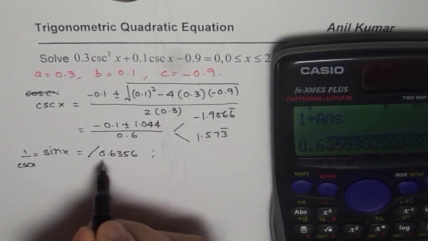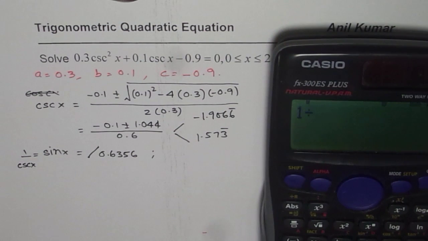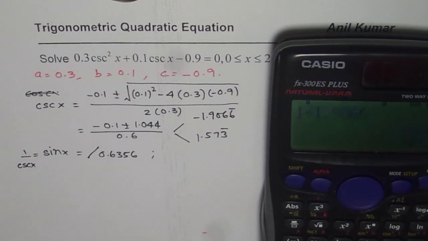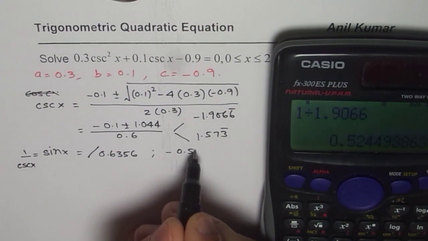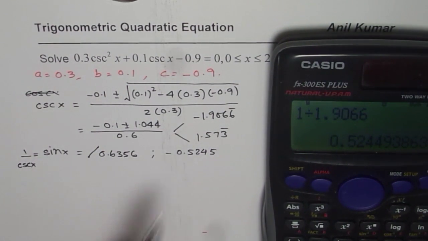That is one of the answers. The other one is 1 divided by minus 1.9066, which in decimals is approximately minus 0.5245. So these are two values for sine of x.